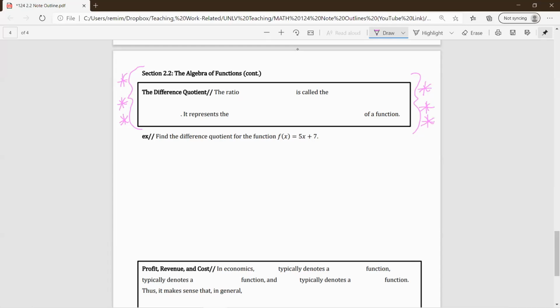Domain is probably in the top 3 most important concepts of this course. And this next part that we're going to talk about, the difference quotient, is probably pretty up there too, especially because sometimes people struggle a little bit getting used to it. But if you practice it enough times and you follow the steps that we're going to talk about here, then it's actually not too bad.